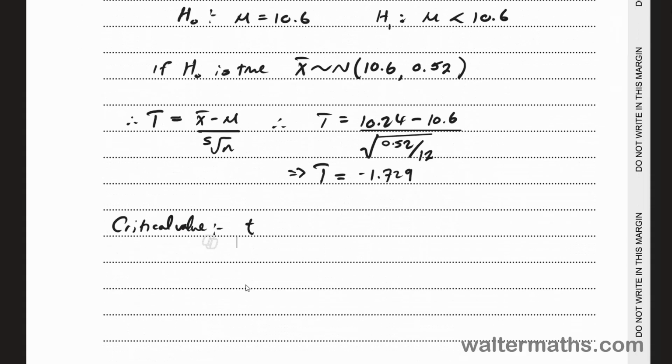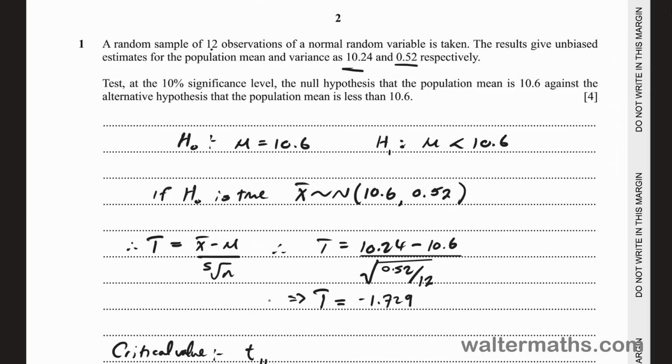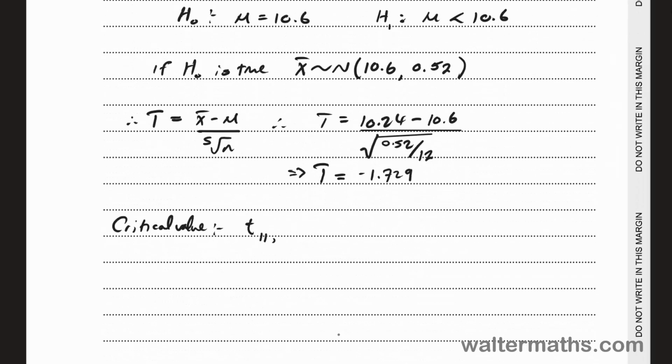We've got 12 observations, so 11 degrees of freedom, and the p-value, if it's a 10% significance level test, then that's 0.9.